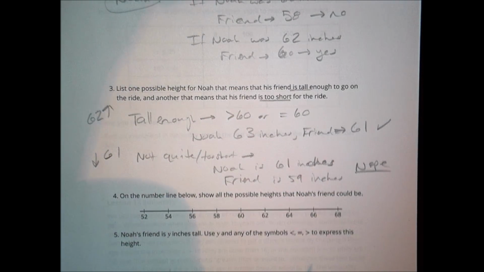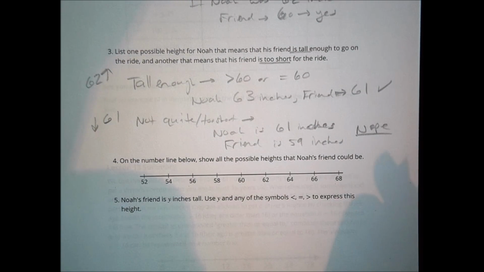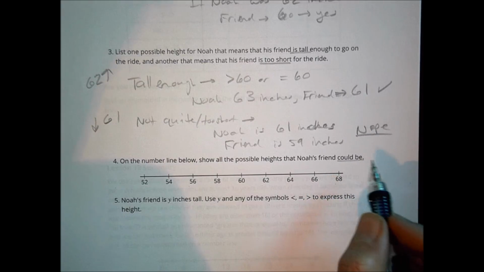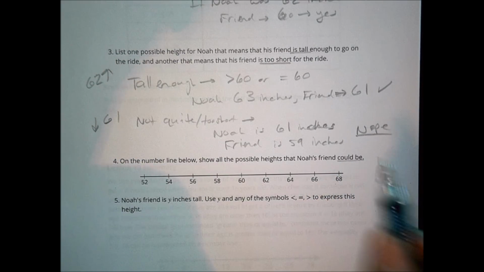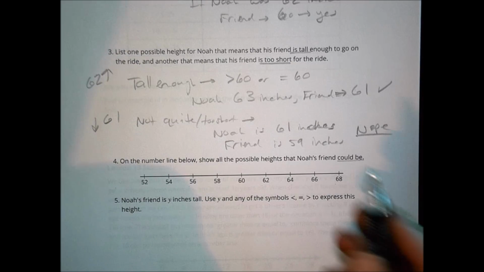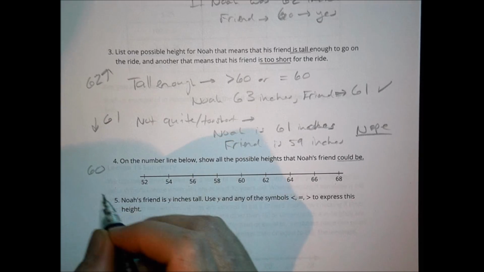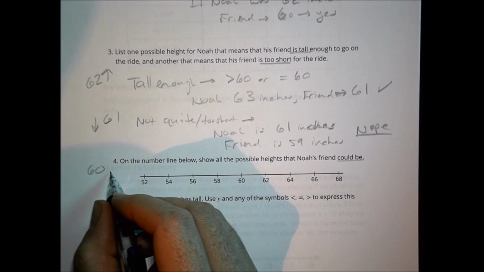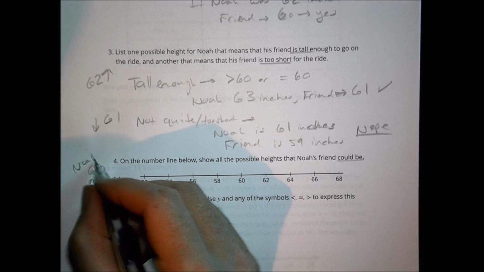That's the idea. On the number line below, show all the possible heights that Noah's friend could be. Now, Noah's friend could be lots of heights. We know Noah can ride the ride at 60 inches or more.